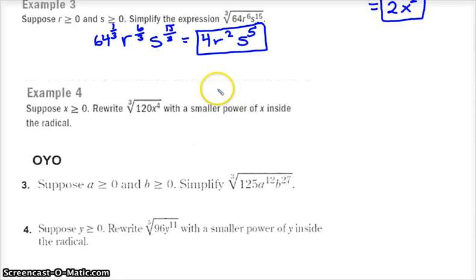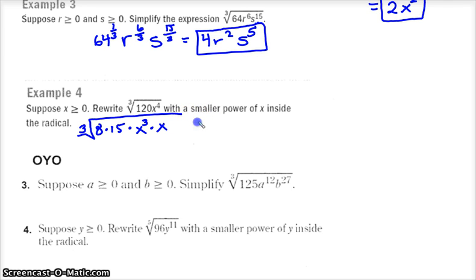It turns out that 8 and 15 are factors of 120. So, watch how I break this down. I'm going to do the third root of 8 times 15 times x to the third times x. Now I broke up the x into the product of two terms because I want to be able to take the cubed root of one of them evenly.